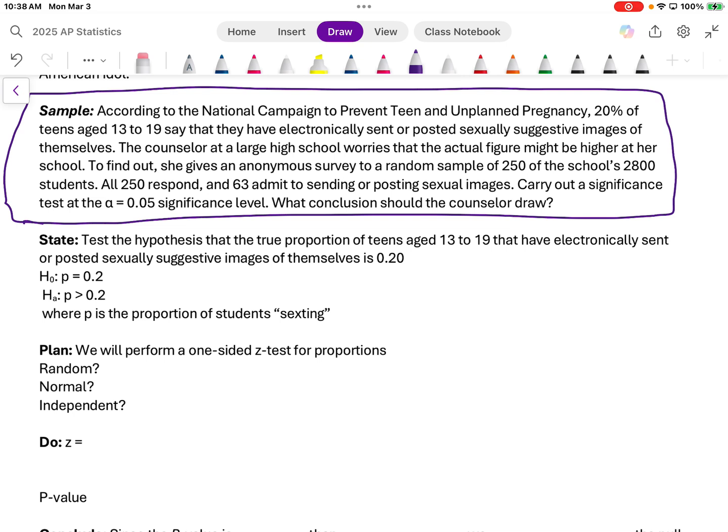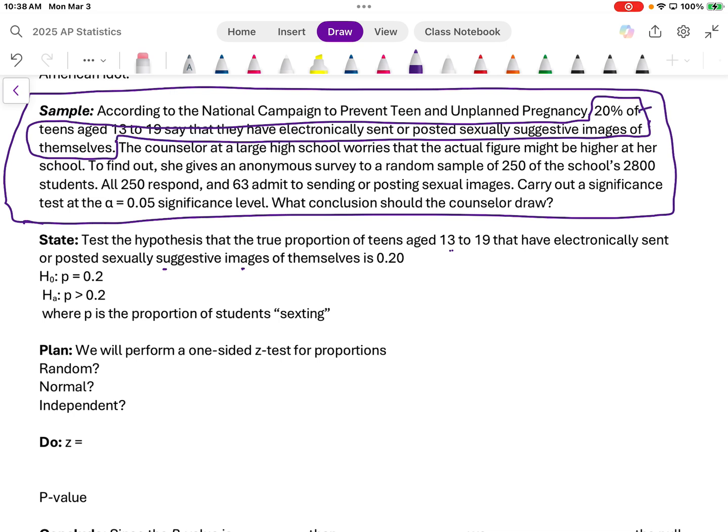We want to test the hypothesis that the true proportion of teens aged 13 to 19 that have electronically sent or posted sexually suggestive images of themselves is 20%. Here is where they took this very first part and created the null hypothesis out of it.